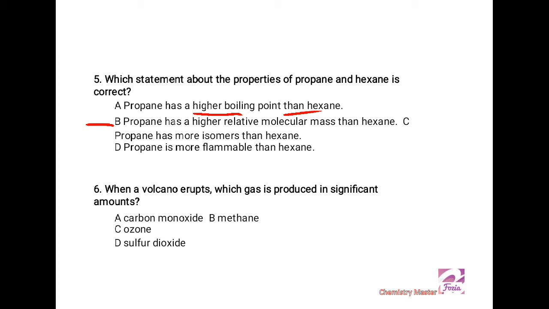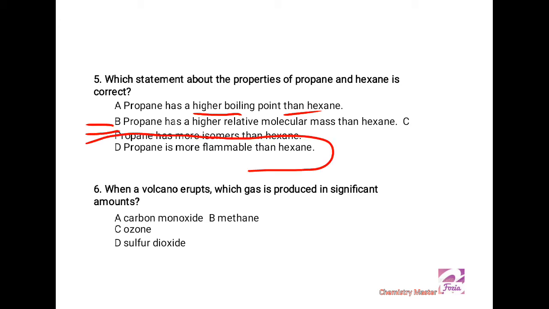So it can't be correct. Option C, propane has more isomers than hexane. No, as propane has only 3 carbons in it and hexane has 6 carbons. As the number of carbon atoms increases in an organic compound, the number of isomers also increases. D, propane is more flammable than hexane.